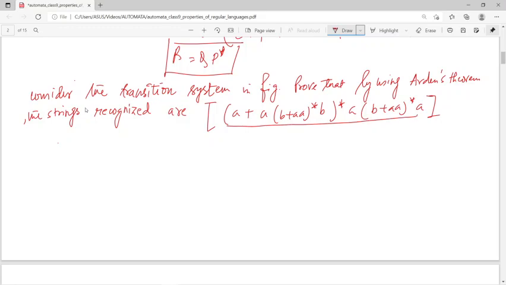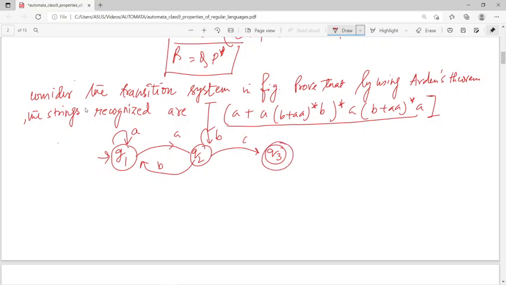You have to prove it. In the figure that is given, this is Q1, this is A, and this is Q2, this is also A, we are backing it by using B, this is Q2, that is B, this is Q3, A, like that.